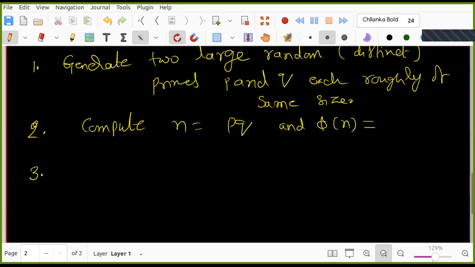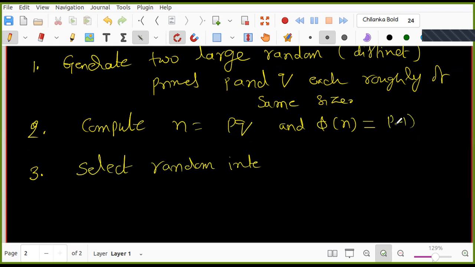Can you say what is phi of N? Yes, any one of you? P minus 1 into Q minus 1. Yeah, so this is phi of P into phi of Q, right? Phi is a multiplicative function, so it is phi of P into phi of Q, but phi of P is P minus 1. So this is P minus 1 into Q minus 1.